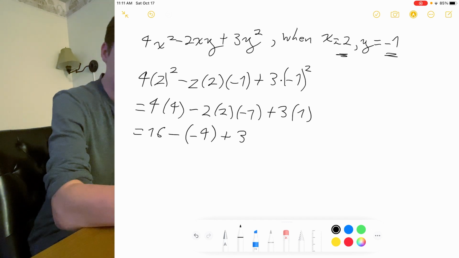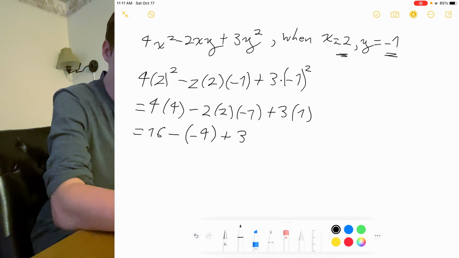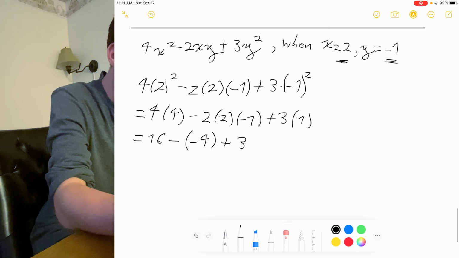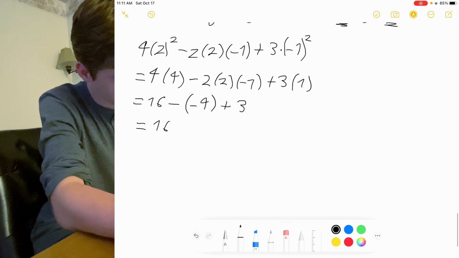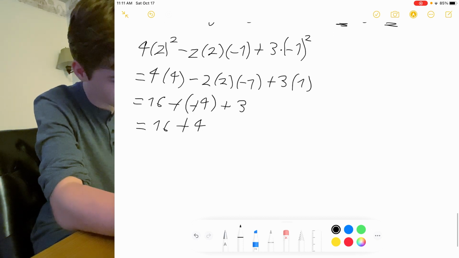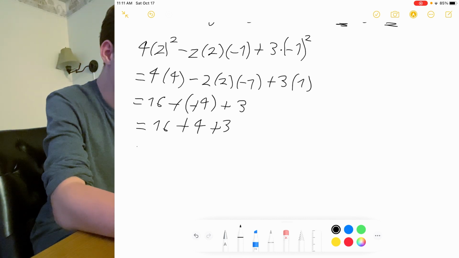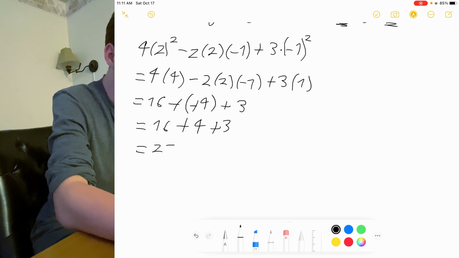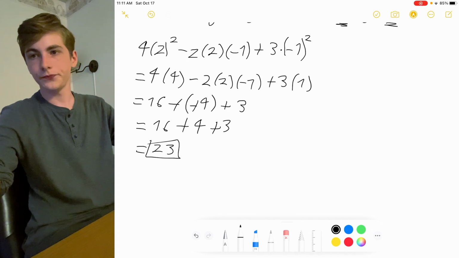We've already talked about how a subtraction of a negative is really just an adding of a positive. So this is the same as 16 plus 4 plus 3, which is 16 plus 4 is 20, and 20 plus 3 is 23. So that would be our answer there.